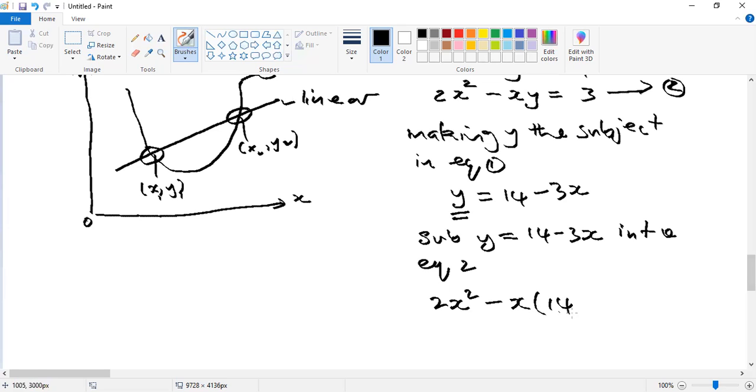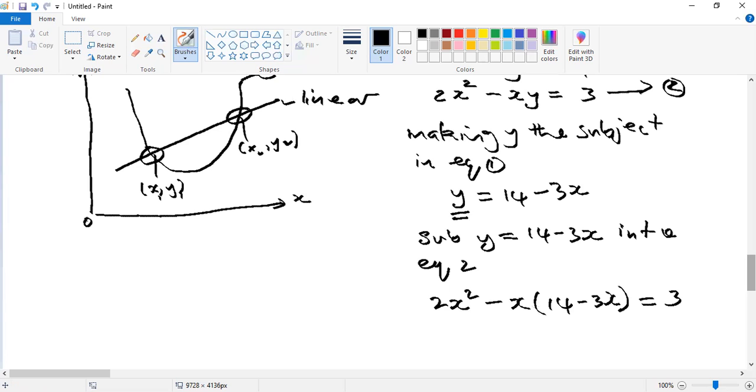Notice that I put a bracket. I don't just put 14 minus 3x like that. I make sure I put it inside a bracket because I want to multiply whatever is outside of the bracket by whatever is inside the bracket fully, right?